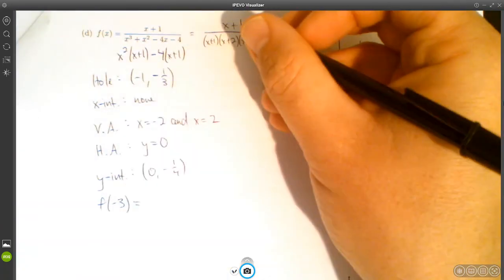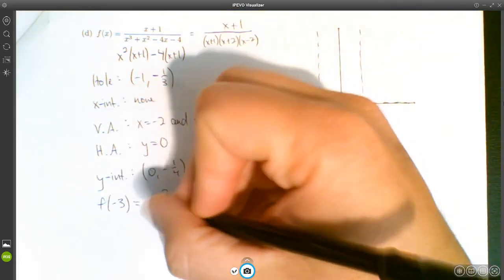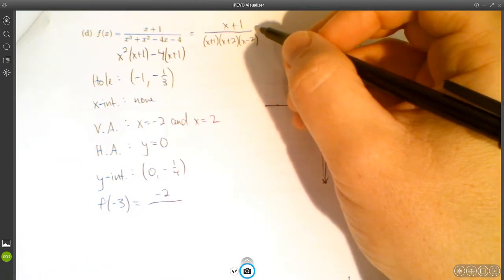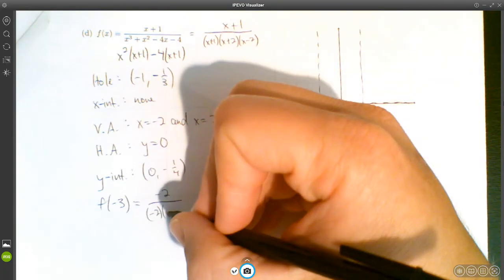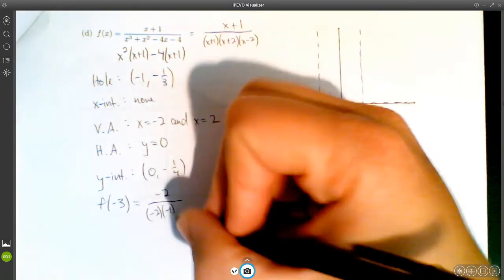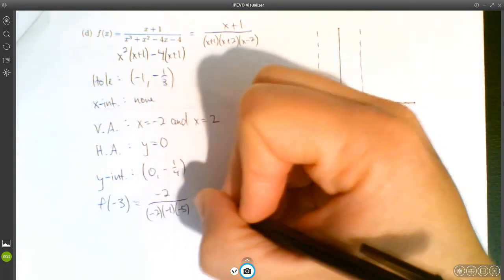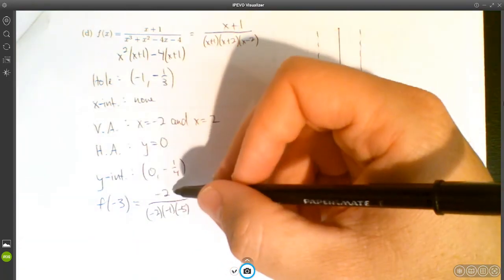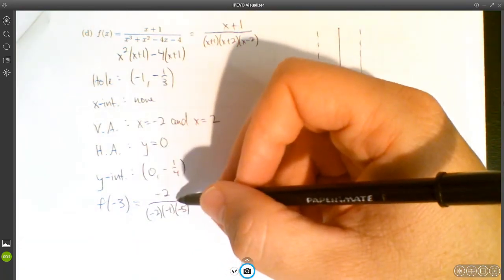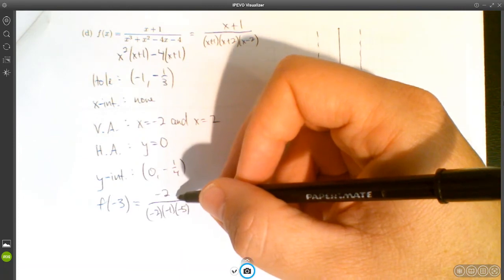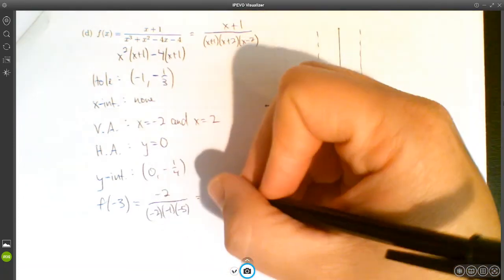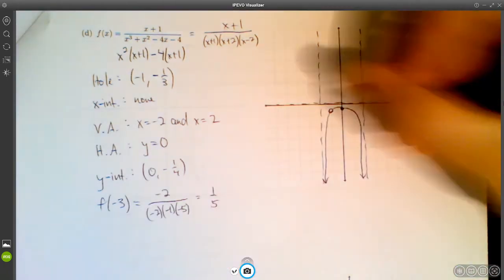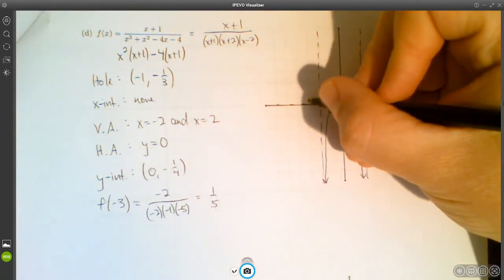If I plug in negative 3, I'm going to get negative 2 over negative 2 times negative 1 times negative 5, which is negative 2 over negative 10, so positive 1/5. So at negative 3, I'm at positive 1/5.